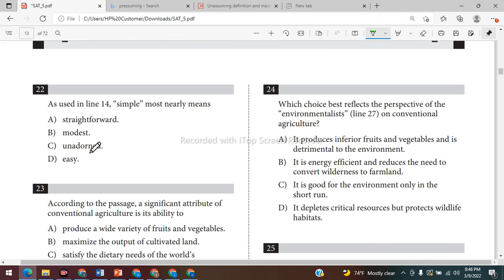When I say line 14, let's go to line 14, so we can distinguish which one is the correct answer.